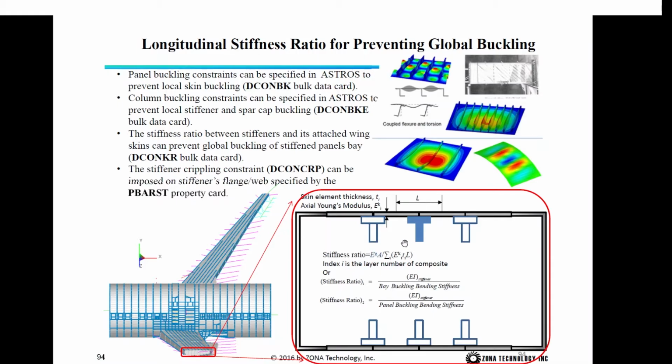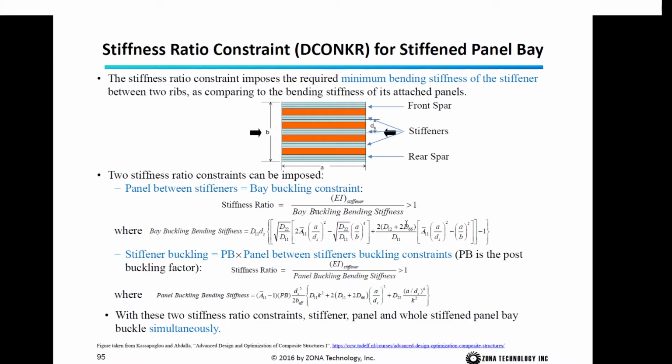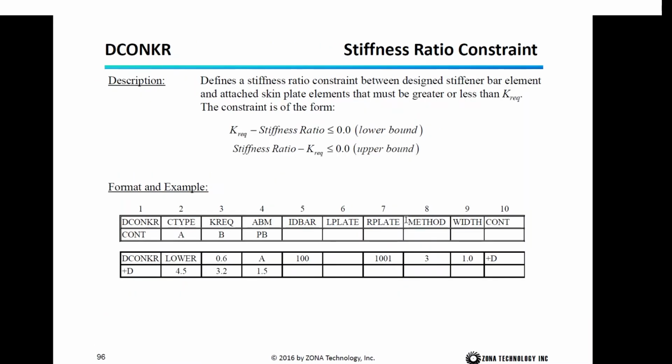So we have a stiffener, we have a skin panel, and we have to define the stiffness ratio between the stiffener and the attached skin panel. Okay, we talk about this one later.